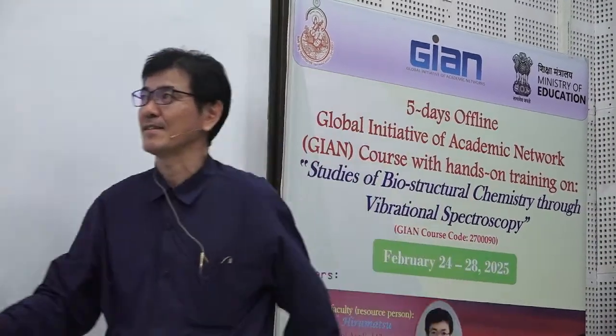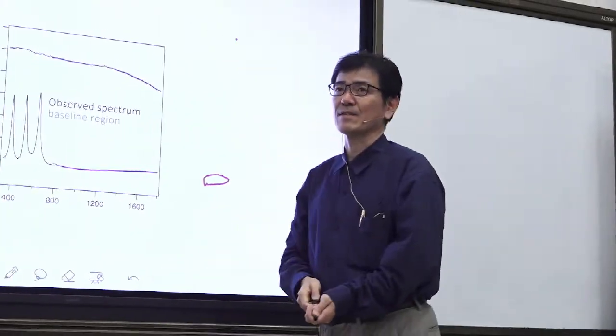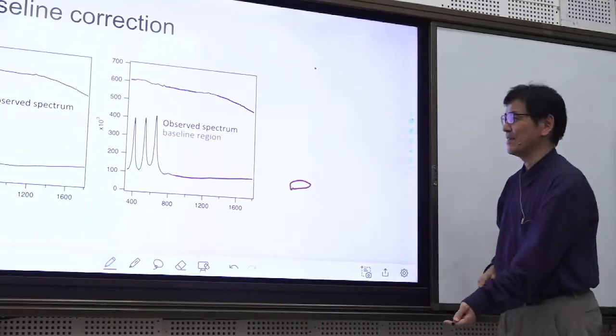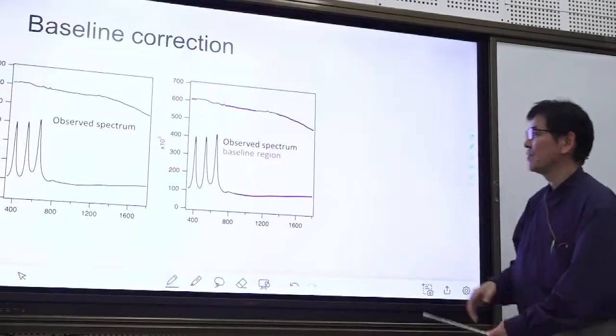After solving the major problem, minor problems may be solved by baseline fitting or some additional numerical calculation procedure. But the first priority is to get a good spectrum. So if the quality of the data is not very good, we must make an effort to make it better.